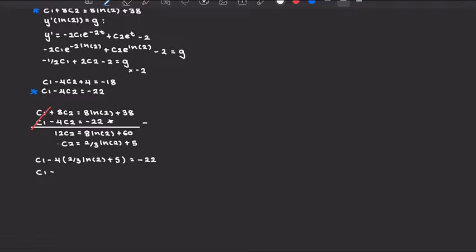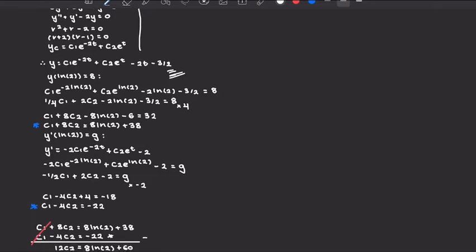So distributing our negative 4 inside, this is going to be negative 8 over 3 ln 2 minus 20 equals negative 22, moving all the constants to the right hand side. So C1 is equal to 8 over 3 ln2, negative 22 plus 20 is negative 2. So we got our second unknown here. And we solved all of our unknowns, which are C1 and C2.